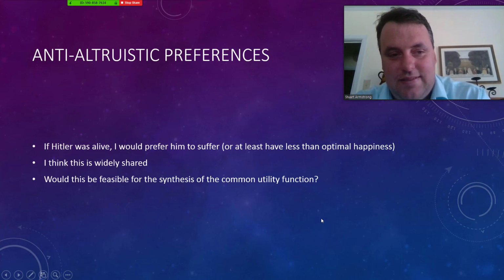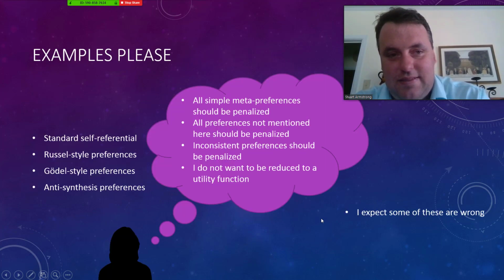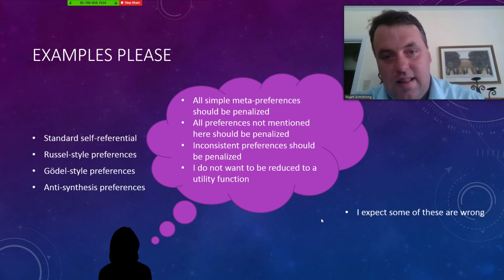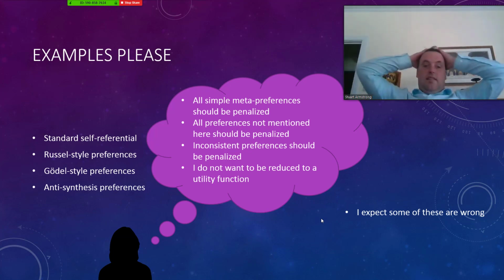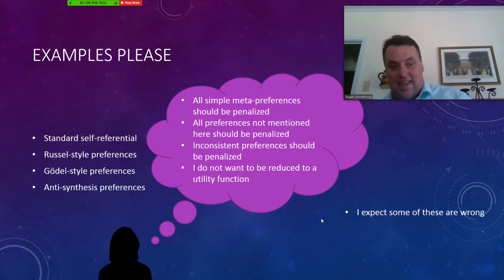Let me see if we can find any other. Yeah, I had this one. This was more a question of ensuring that I understood, because in the reading group I tried to explain some of this, and I had four kinds of meta preferences, and I think I might be confused about some of these.